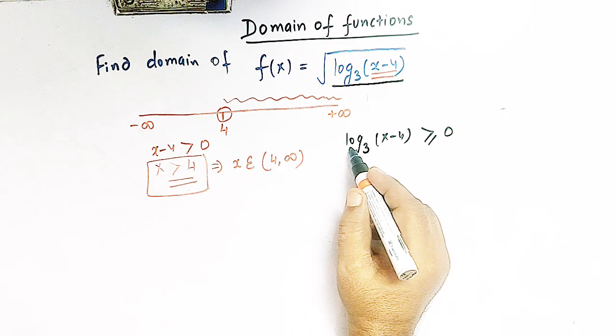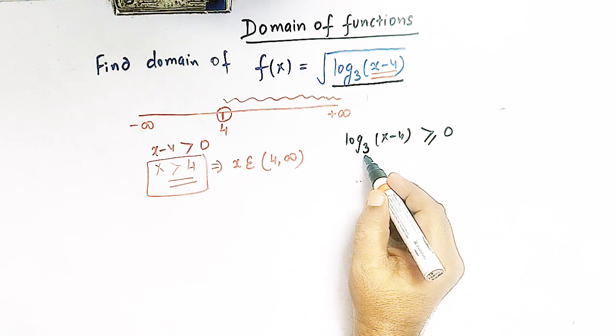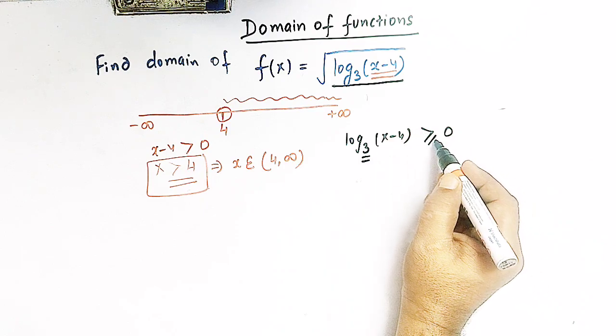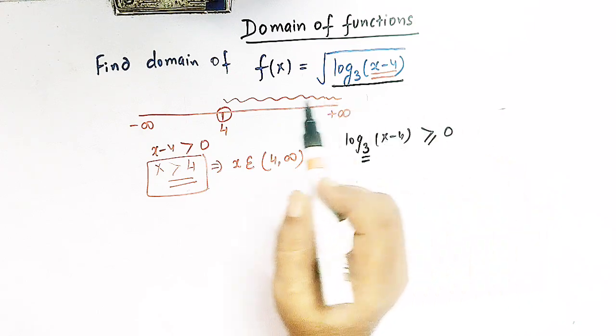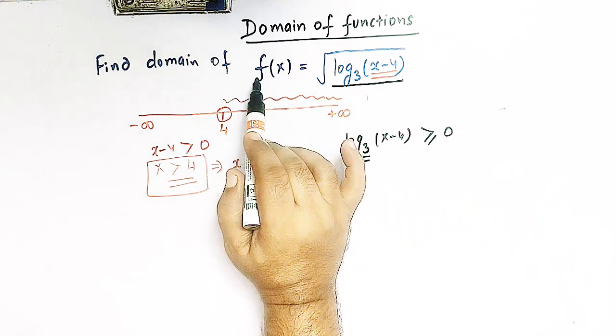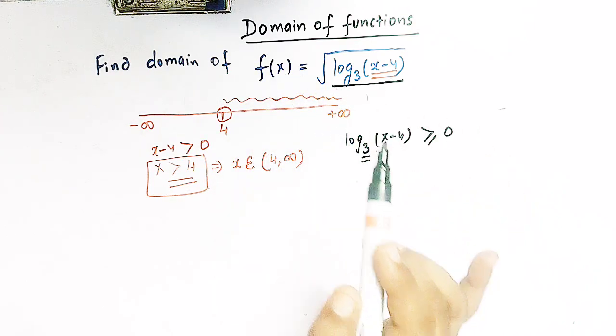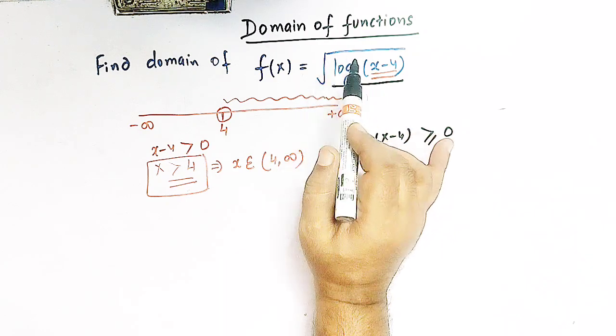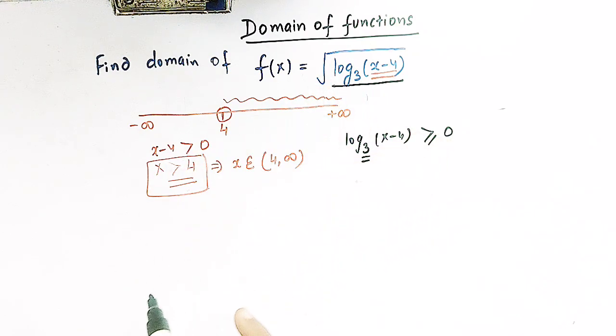So this term must be a positive quantity, or equal to 0, in order to make this function f of x a valid function, right? Because the square root of negative numbers is not defined in the set of real numbers, right?